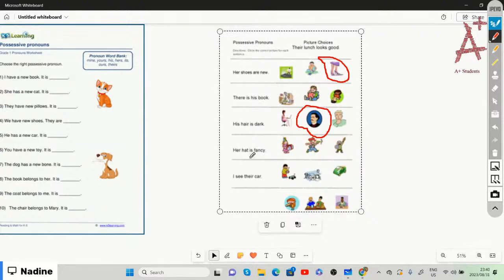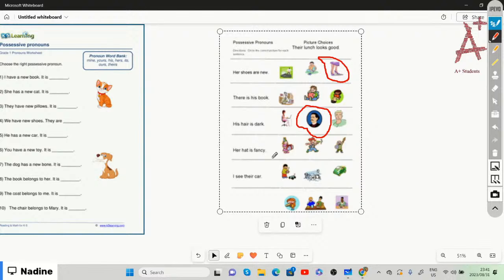Her hat is fancy. Her hat is fancy. Meaning it is cute, it is funky. I love it. So her hat is fancy.